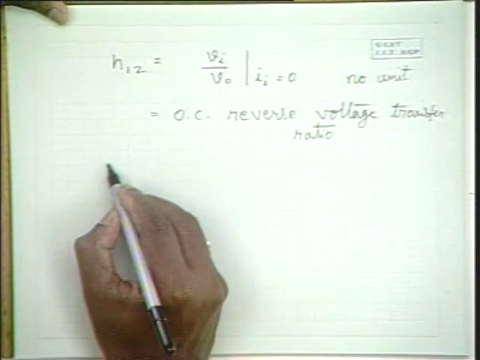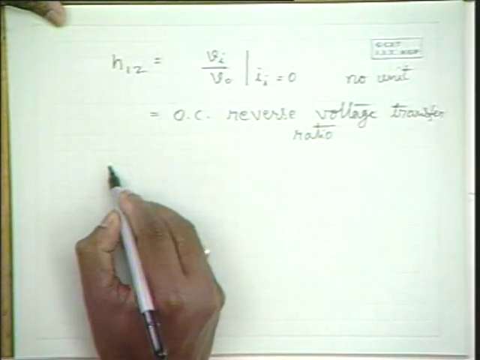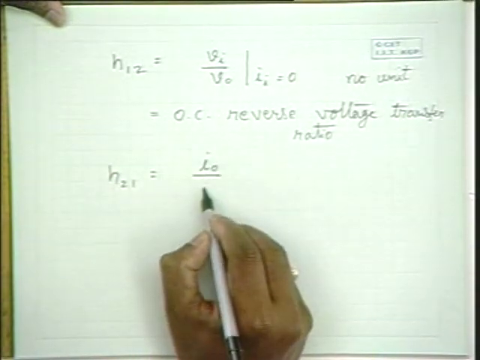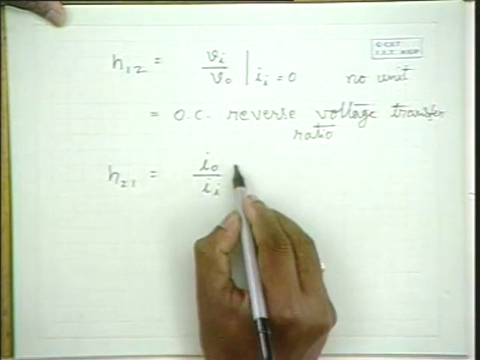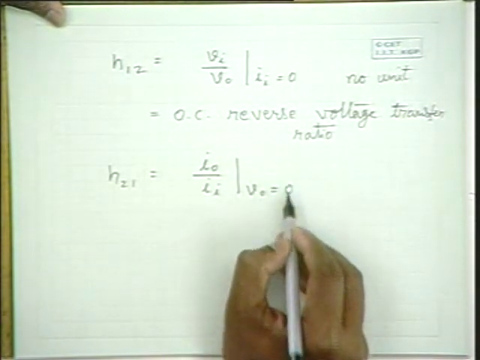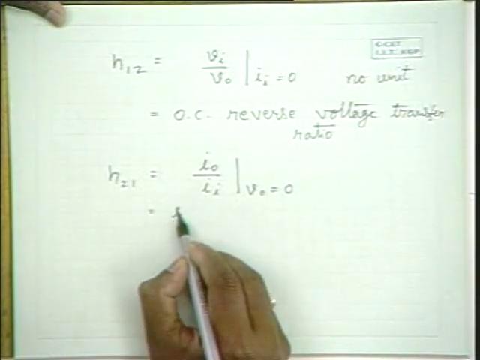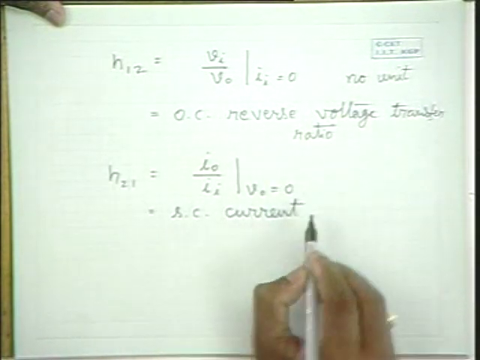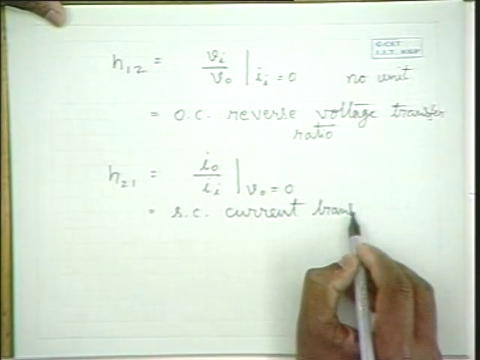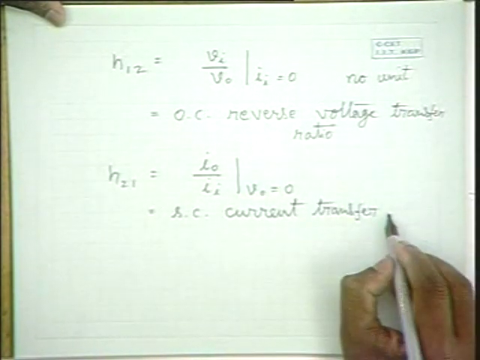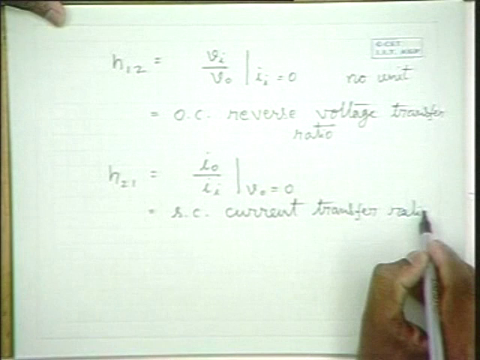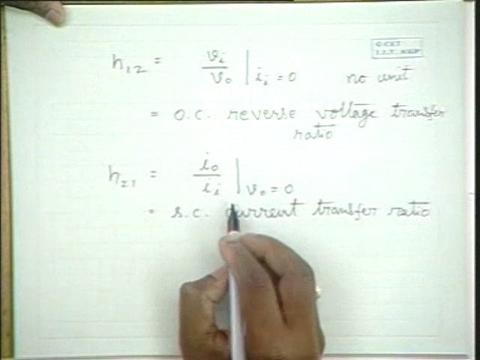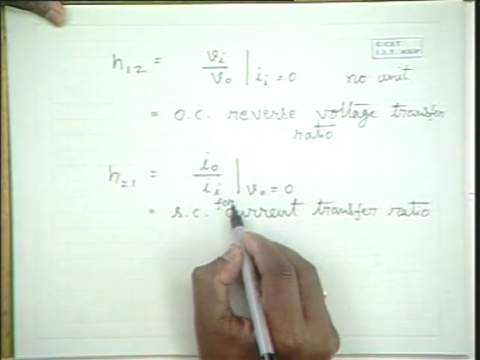Hence, H21 is equal to output current to input current ratio when V0 is 0. And this is known as the short circuit current transfer ratio. So is it a reverse ratio or forward ratio? It is the short circuit forward current transfer ratio.